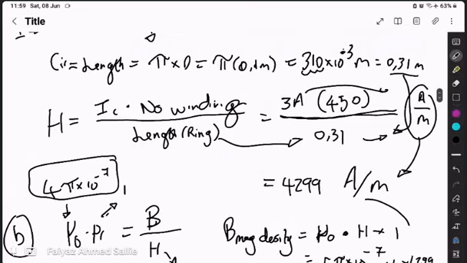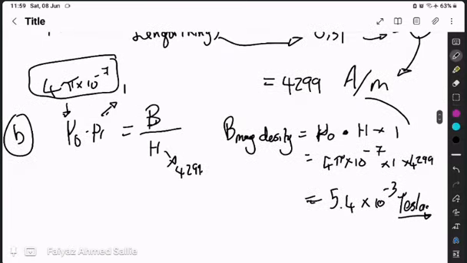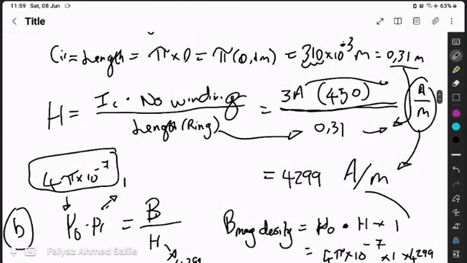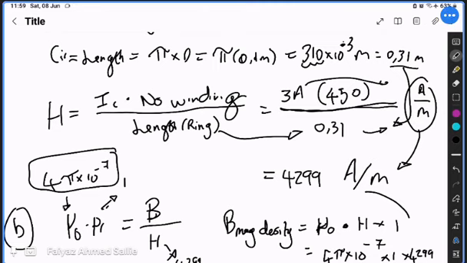Okay. I'm getting in my calculator. I don't know if the problem is my calculator. When I'm calculating it, I don't get 4,299. I'm getting the other number. Sure, let me just double check. 3 times 450 over 0.31.